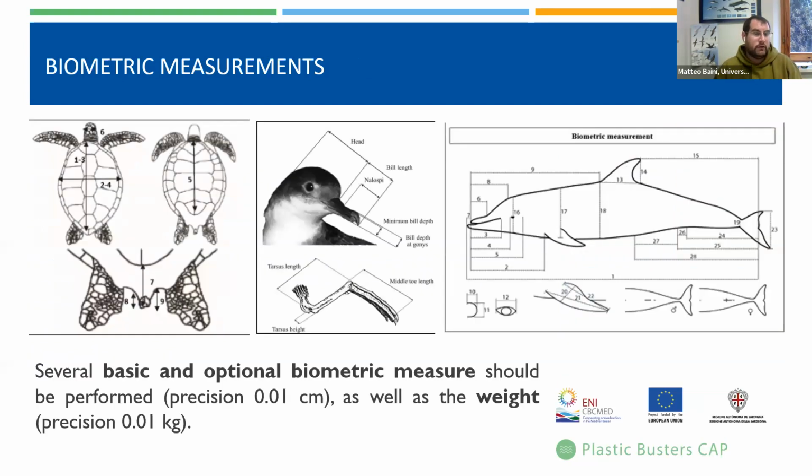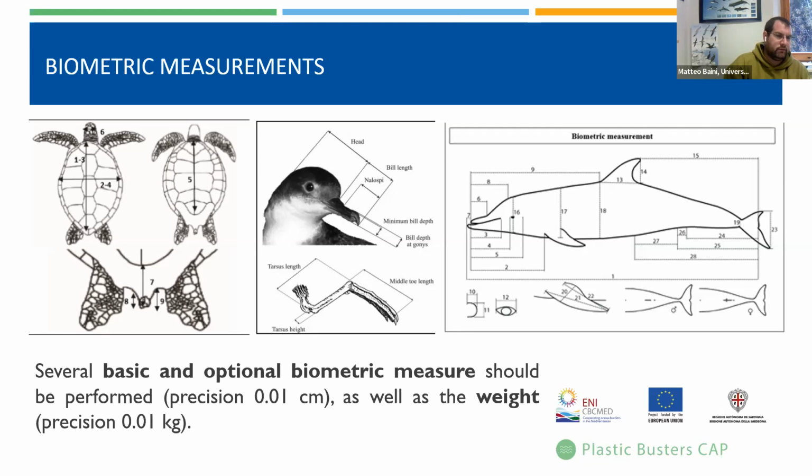Okay, then it is important to take the specific biometric measurements. For example, the CCL for the sea turtle, or the bill length or the weight for the seabirds, and the total length for the cetaceans. The length should be taken with a precision of 0.01 centimeter, and the weight, if possible.